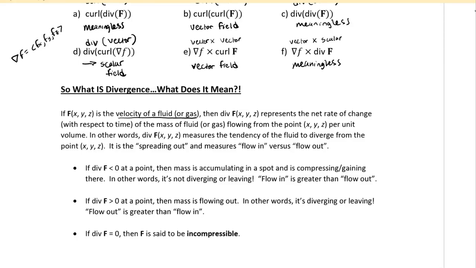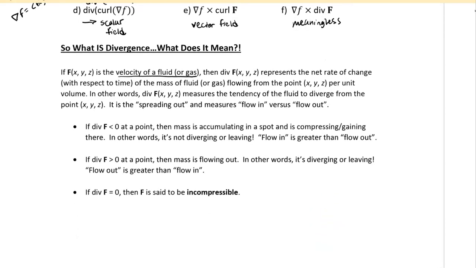If we're talking about a vector field being the velocity of a fluid, then our divergence is going to be the net rate of change of the mass of the fluid flowing from that point that we're looking at per unit. In other words, the divergence is going to measure the tendency of a fluid to diverge from the point. It is spreading out and measures flow in versus flow out.